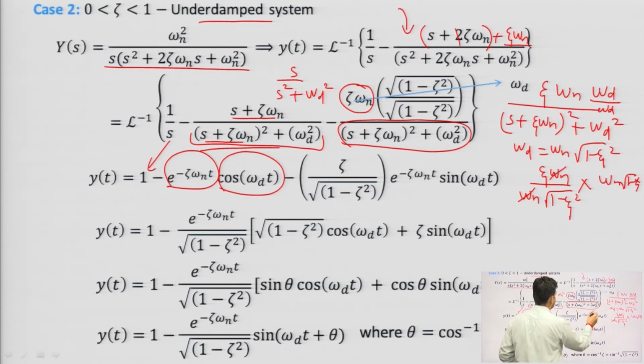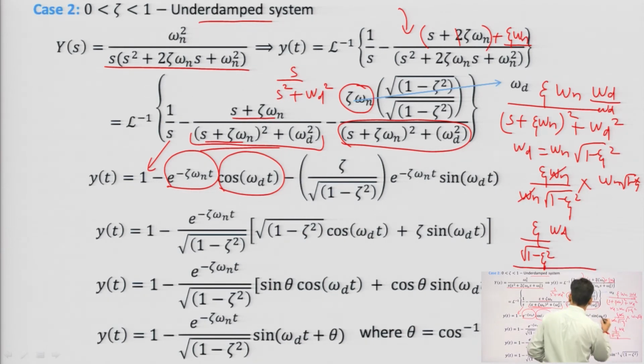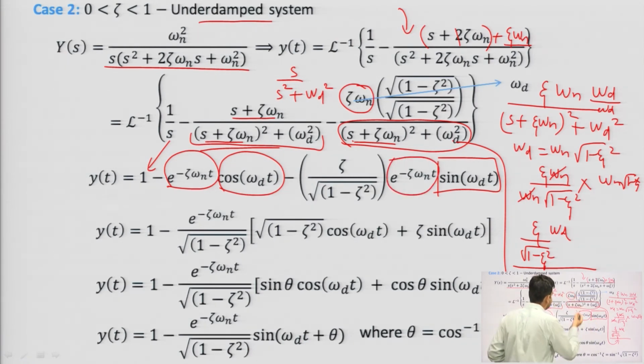And you will get omega d in the numerator, so you will get zeta omega d in the numerator divided by under root 1 minus zeta square, omega n gets cancelled here, and in the denominator you will get s plus zeta omega n whole square plus omega d square, same. Okay. So, if you take the Laplace inverse, this will become sin omega d t. With the s term, you can check s plus zeta omega n is here, it will give you the exponential term of this, right. I hope this is clear to you.